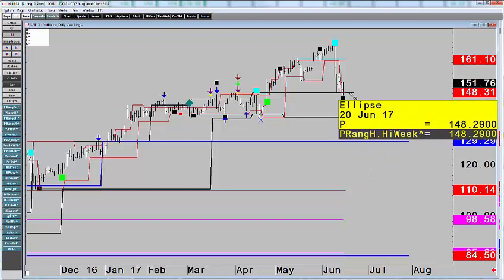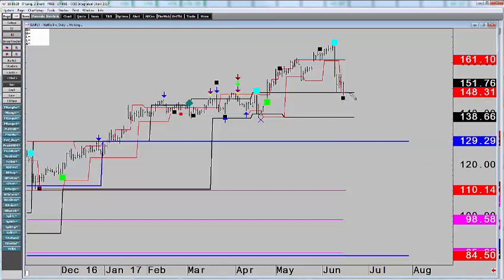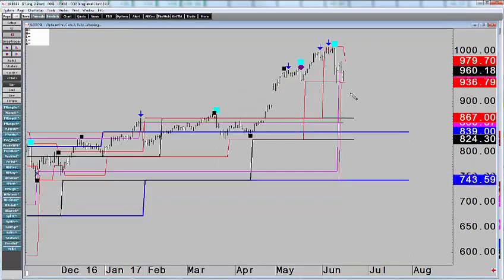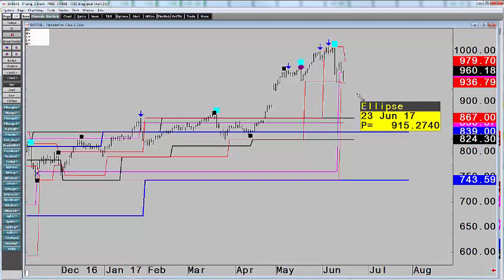So 148.29. I suppose for the really brave, if you want to get involved in that sort of stuff, you know where you're wrong. That's the easy thing. And Google. Didn't hit the daily level, but closed on its highs.